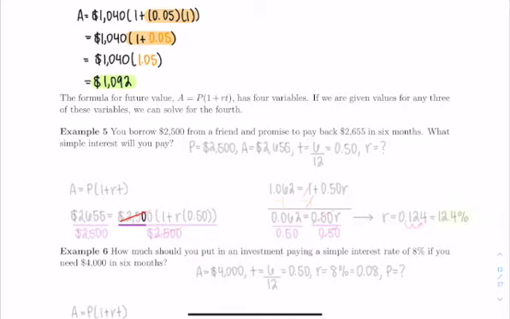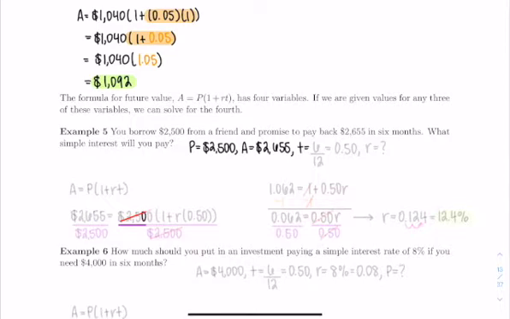So to figure out the letter that you're missing, it's always easiest to set each letter equal to its value. So our P in this case is the original amount of the loan, which is $2,500. The amount you're going to pay back is the future value of the loan, and that's A. So A in this case is $2,655.